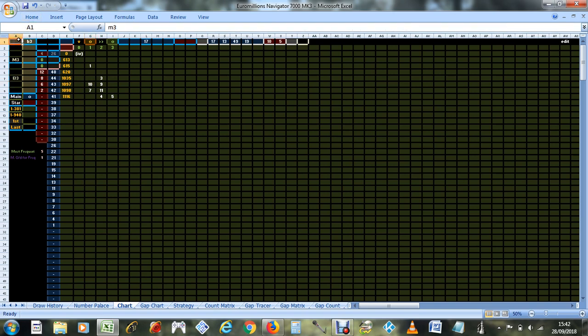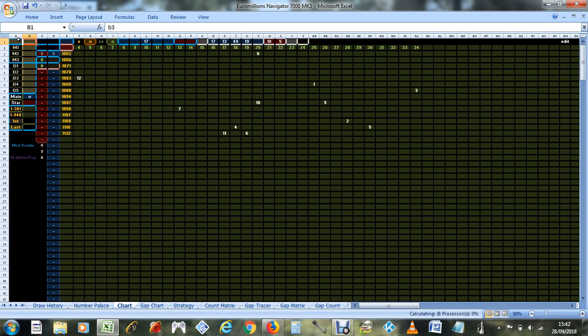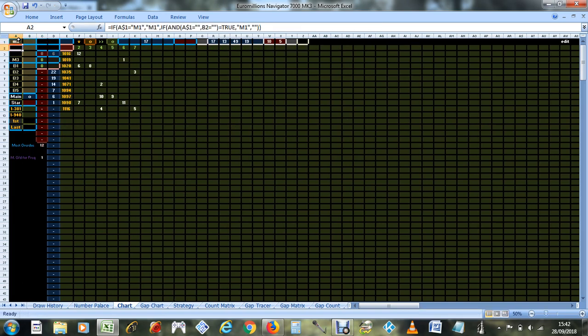So yeah, 10's looking good with main number 17 as well. And so is number 1. But I think I'm going to stick with 5 and 10 as my star numbers.